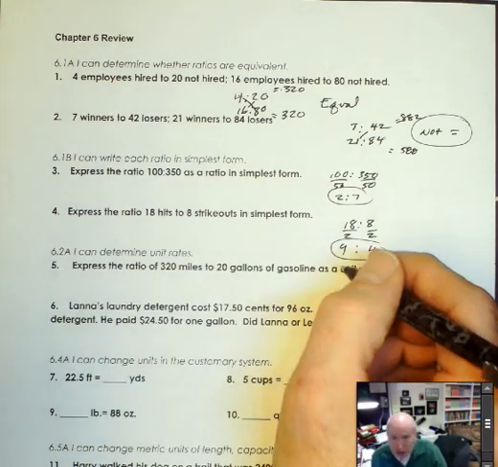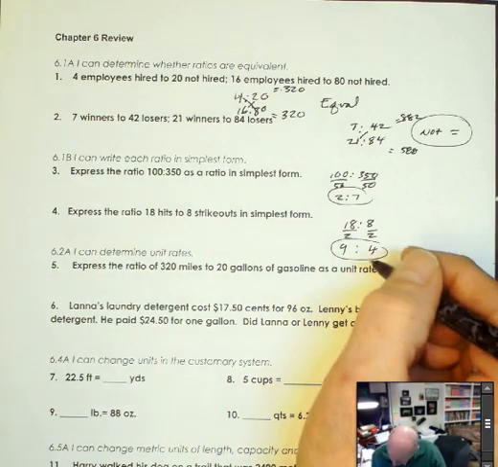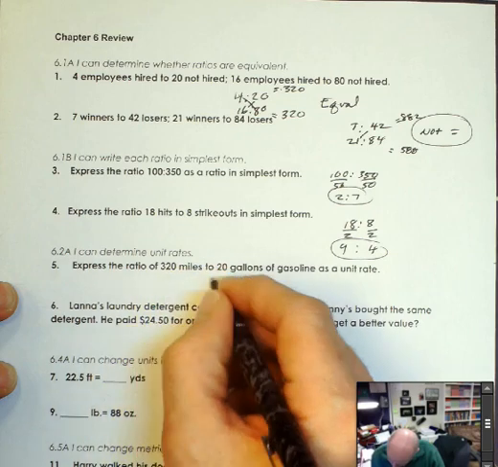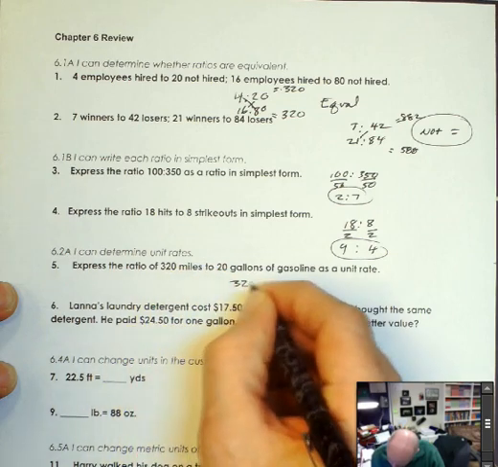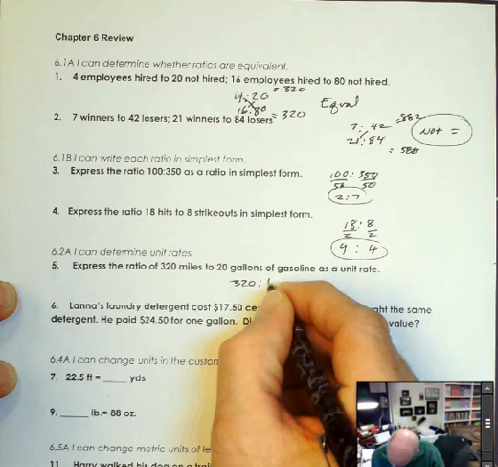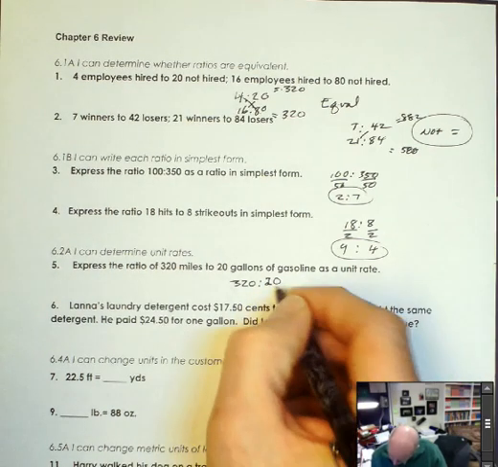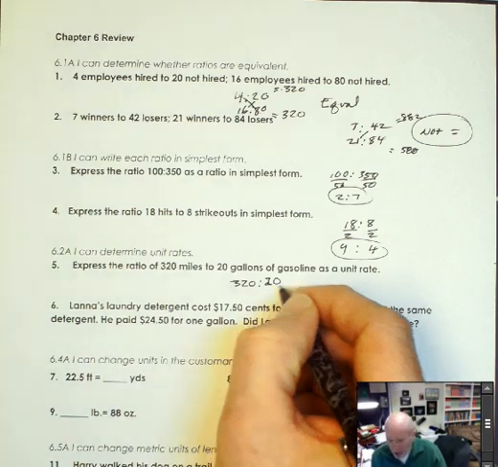All right, the next one is I can determine unit rate. This is going to be an important target and kind of a tough one on the test. In this one, the ratio is 320 miles to 20 gallons of gas. We've got to get the unit rate, so we've got to get the 20 to a 1.